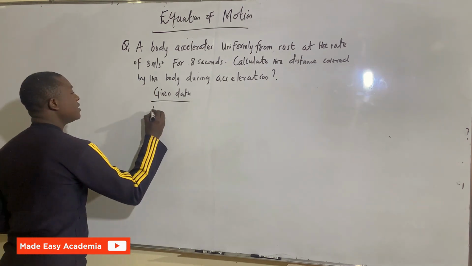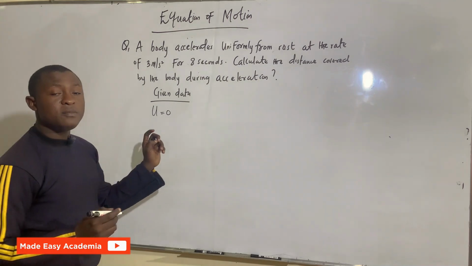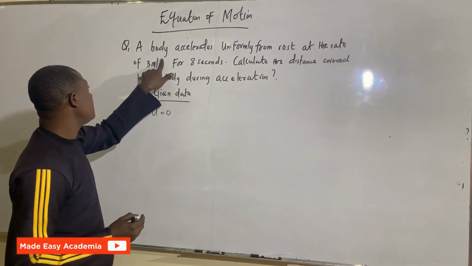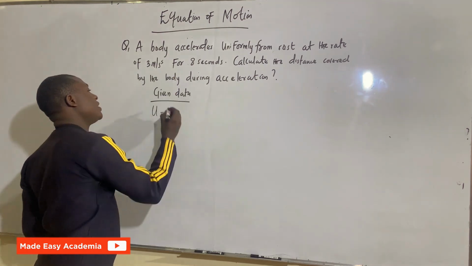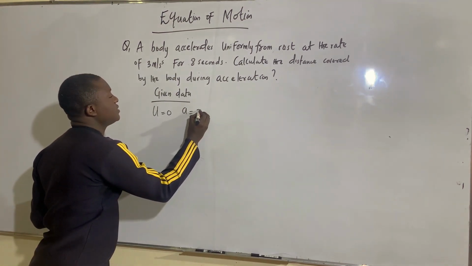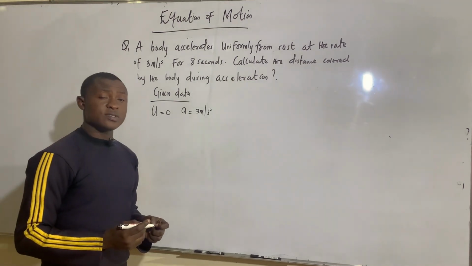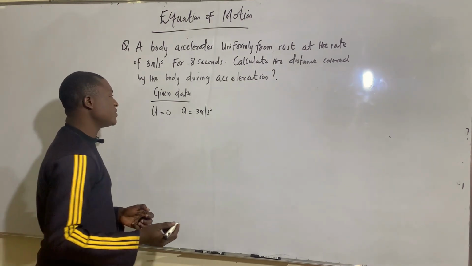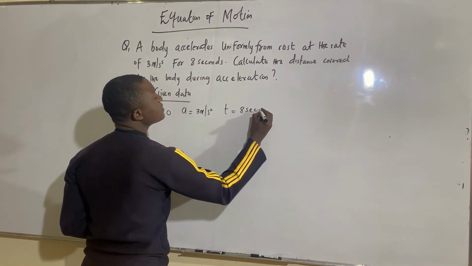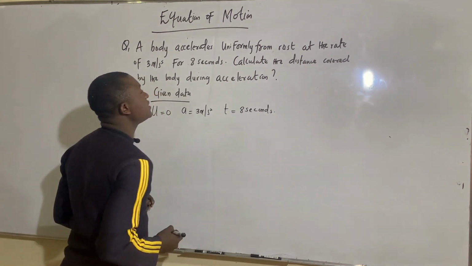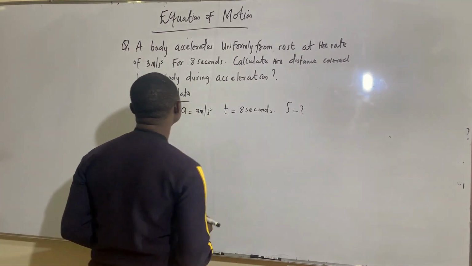Then, at the rate of 3 meters per second squared, that is acceleration, so our a is equal to 3 meters per second squared, for 8 seconds. Seconds is for time, so our time is 8 seconds. Then they said calculate the distance. You have to find x, which is distance.